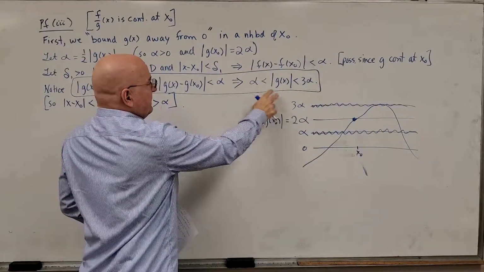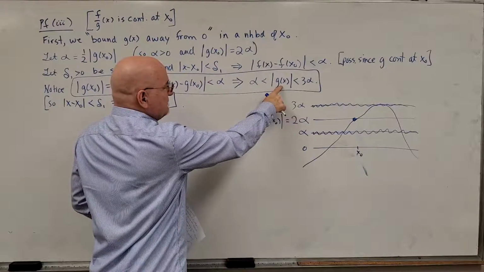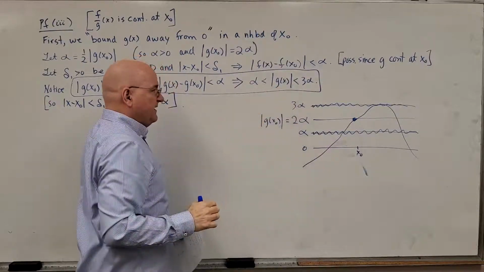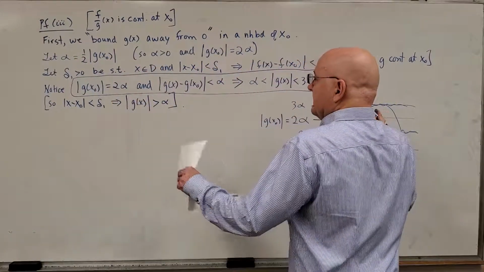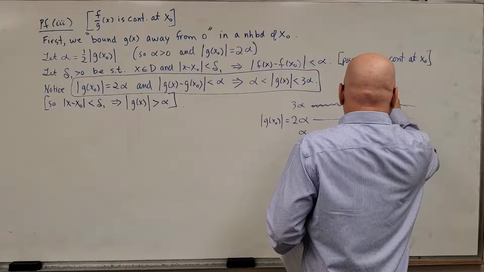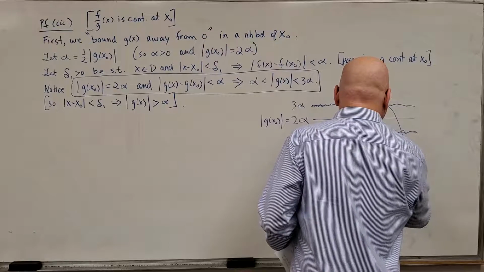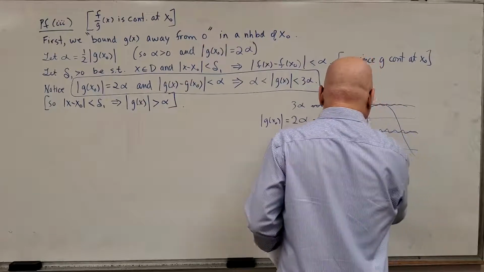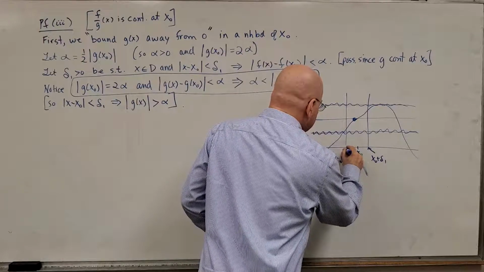That's what I'm saying here. It means that g of x is in that strip, means that the height of the function value is between alpha and 3 alpha. So we're caught in this strip right here. So my delta 1 might look something like this. x naught plus delta 1 is right there. x naught minus delta 1 is right there.